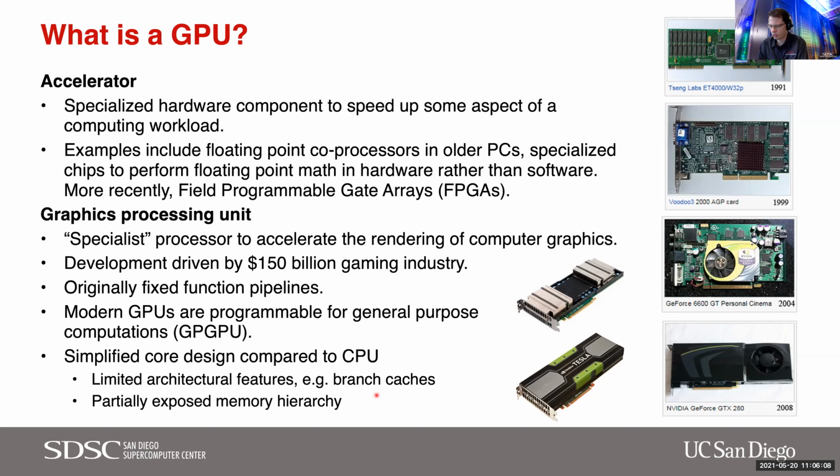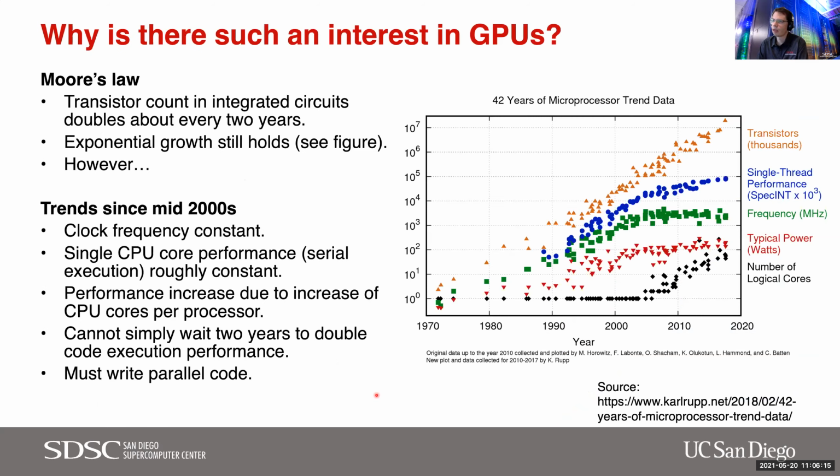But also, even if you just use GPUs, you should know how the data moves between your CPU and the GPU. Now, why is there such an interest in GPUs? It has to do with microprocessor design and the trends that we have seen over the last 20 years, I would say.